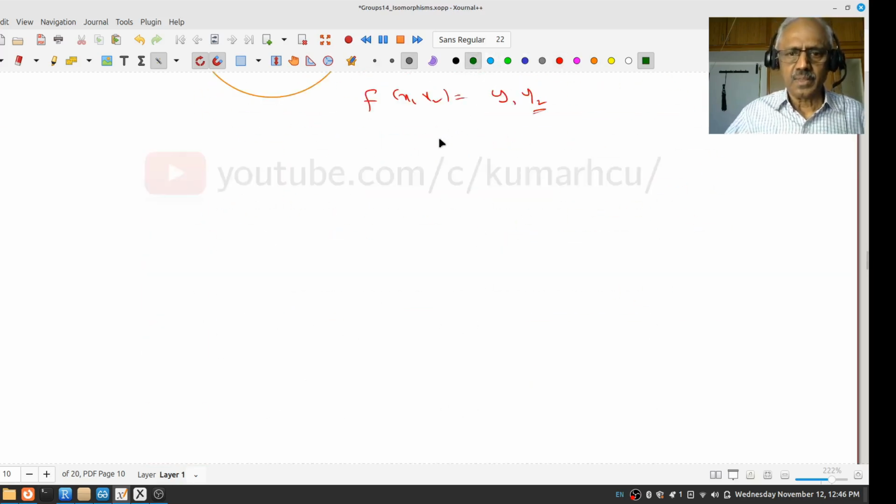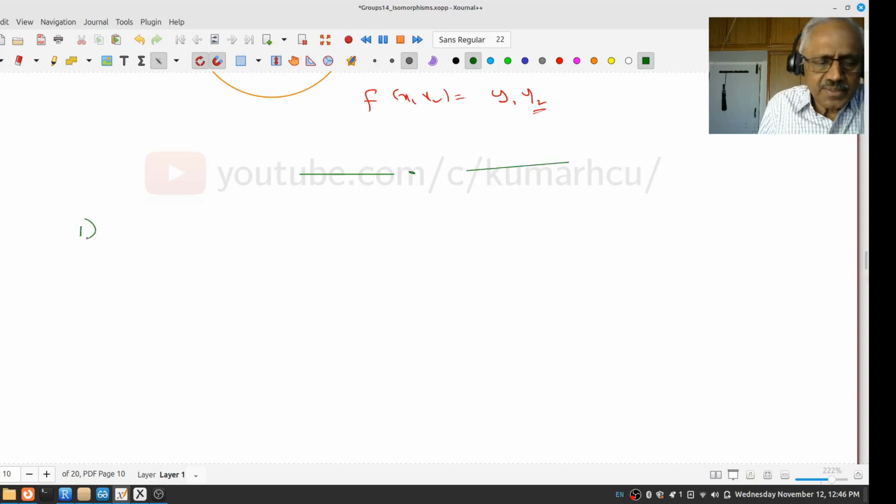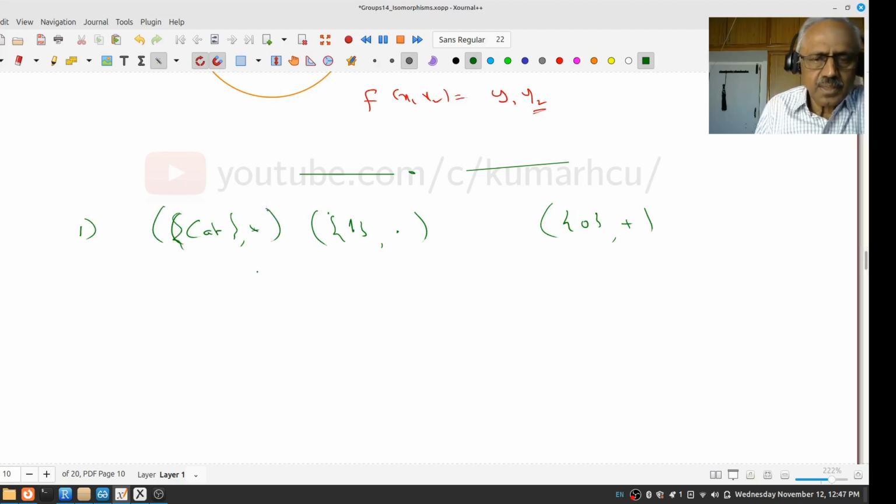Okay, let's go back. So what we did in the first example was I have a cat and I have 1, I have 0, and this is with addition, and this is a group with multiplication, this is a group with star, and all of them are isomorphic.